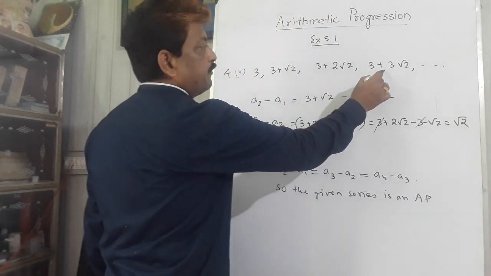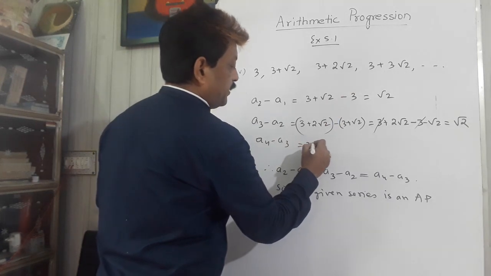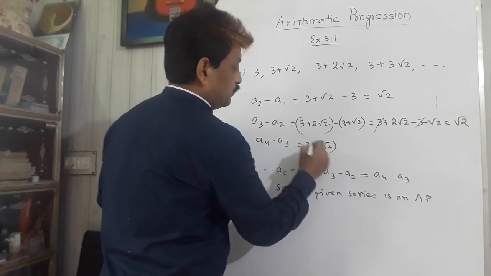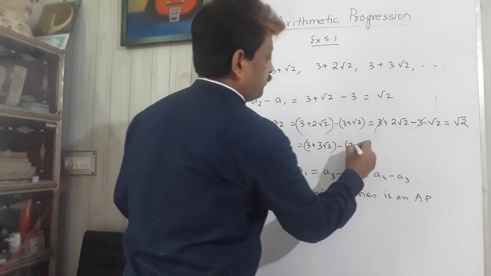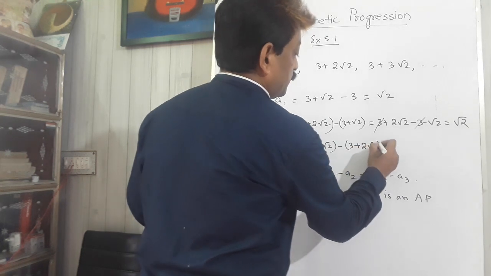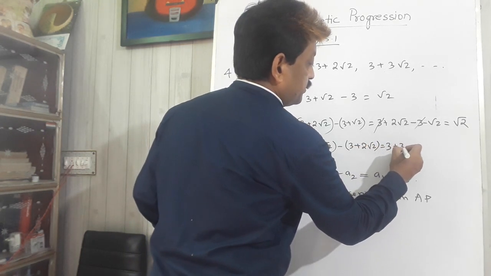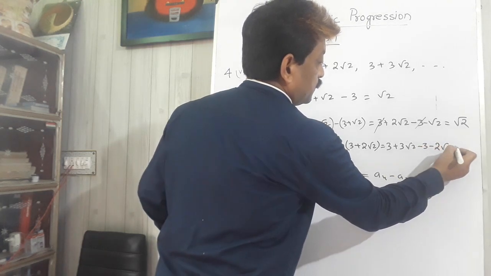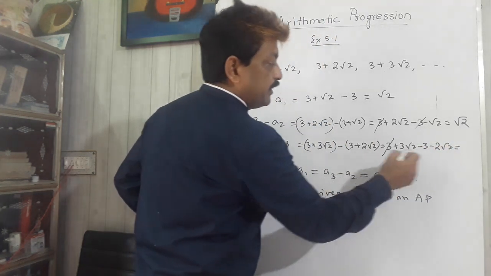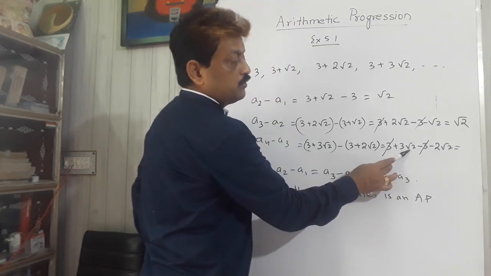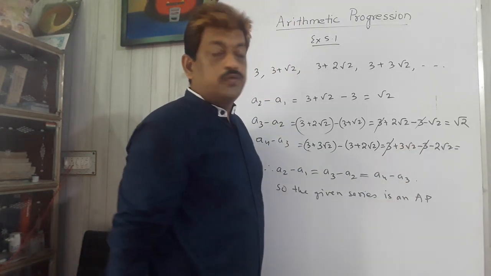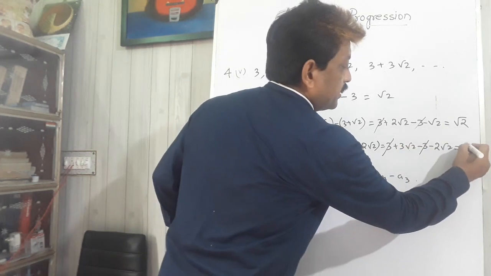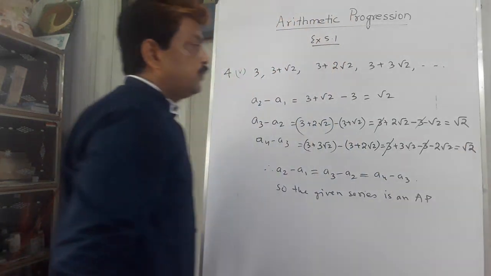A4 minus A3: 3 plus 3 root 2 minus 3 plus 2 root 2, so it is 3 plus 3 root 2 minus 3 minus 2 root 2. Now here also this 3 will be cancelled. So 3 root 2 minus 2 root 2. There also we get the same result, root 2.